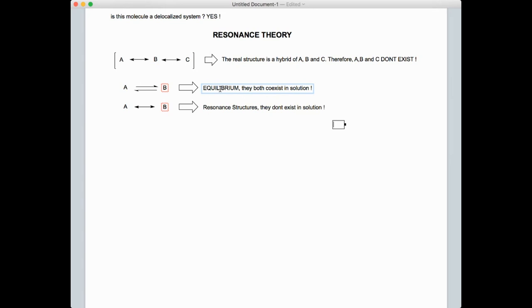You have both of them in solution. When you use this symbol here, you're talking about resonance structures. So everybody must know that that actually means that neither A nor B exist. The real structure is only one, which is a combination, a hybrid of A and B. So that's what I'm taking the time to emphasize.